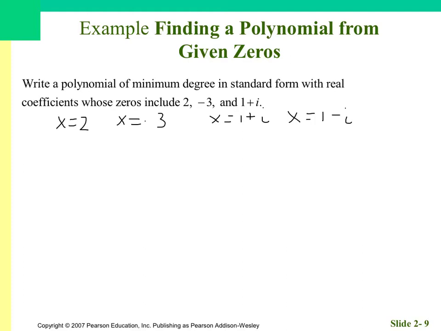So the first thing I would do is write the factors. I know I'm going to have x minus 2 times x plus 3 times x minus 1 minus i times x minus 1 plus i.